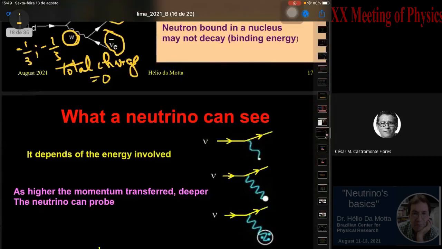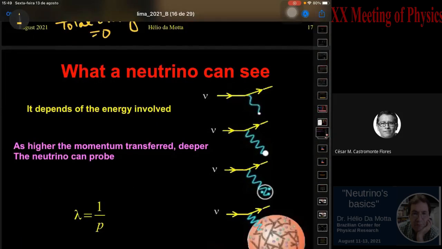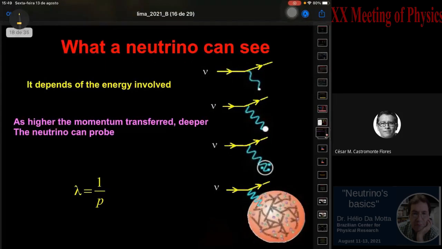So just to be a little bit brief, how does a neutrino interact? What you see is that the only way a neutrino interacts with something, means that it perceives something, it does something, is by exchanging a W, or maybe exchanging a Z. If it exchanges a Z, the Z has no electric charge.